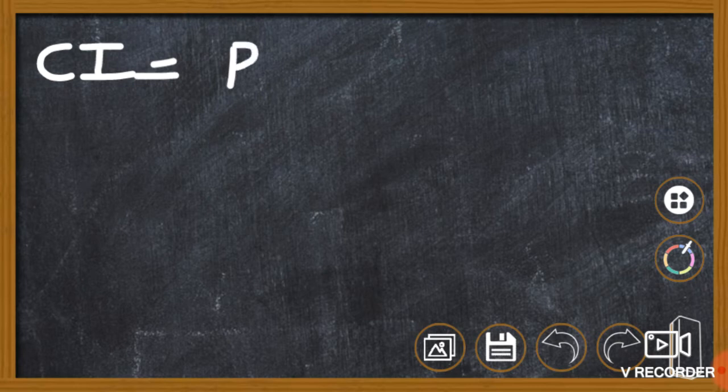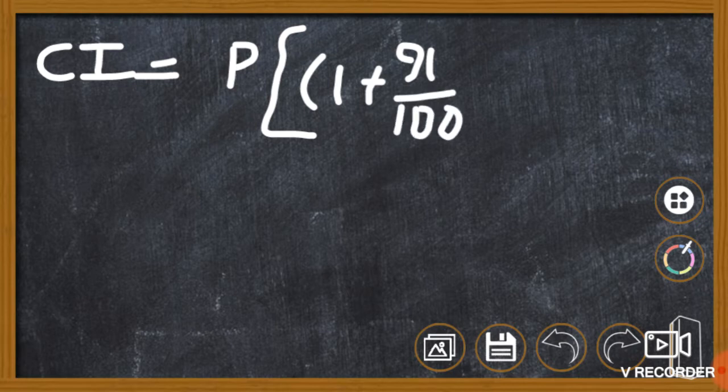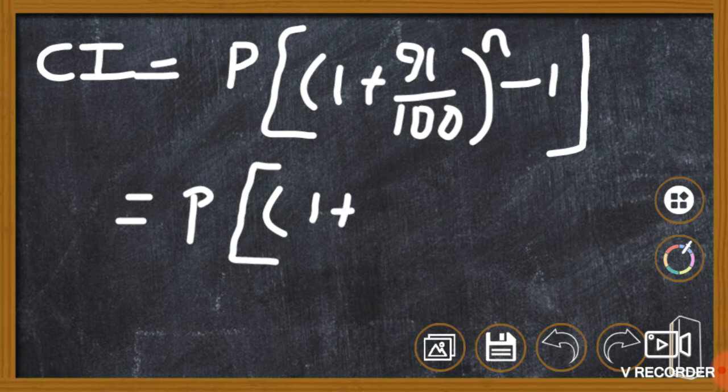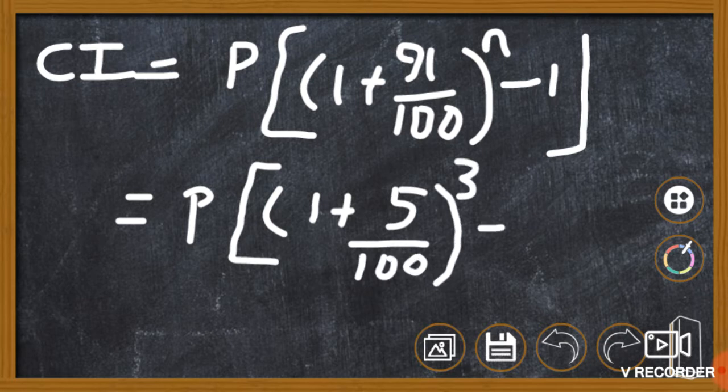In the second step, let us calculate compound interest, that is P into 1 plus R by 100 to the power N minus 1. So P is P as it is, and the rate of interest is given as 5%. So 5 by 100, N, the number of years, is 3, minus 1.